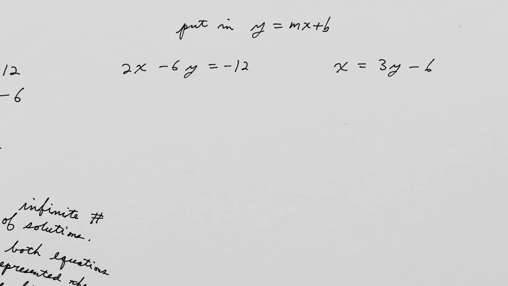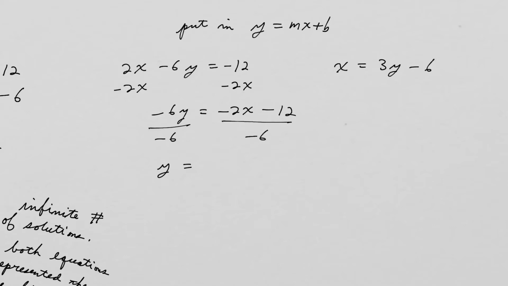So what does that mean? It means solve the equation for y. So in this first case, I would need to subtract 2x. So I'm going to get negative 6y is equal to negative 2x minus 12. And then I'd have to divide by negative 6. So I'm going to get y equals negative 2x over negative 6 plus negative 12 over negative 6.